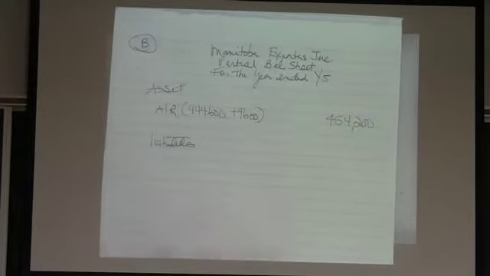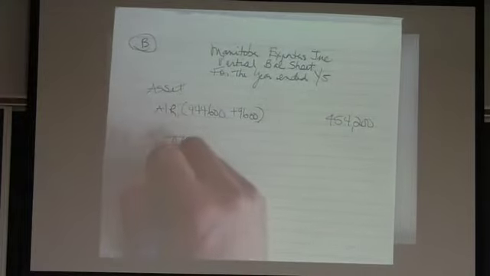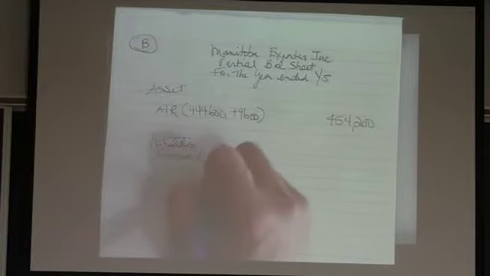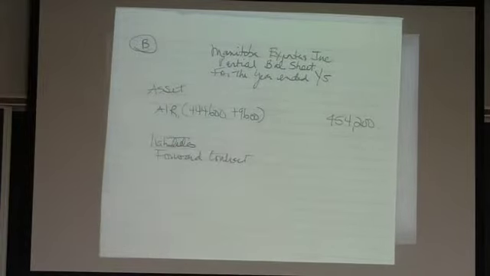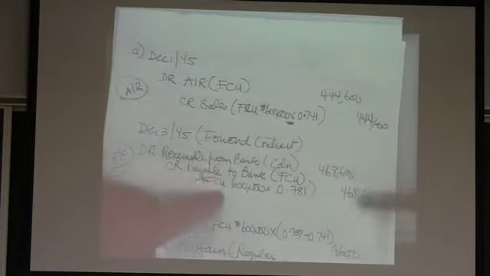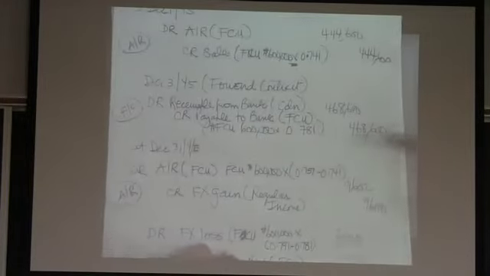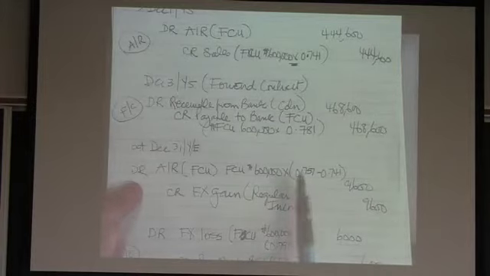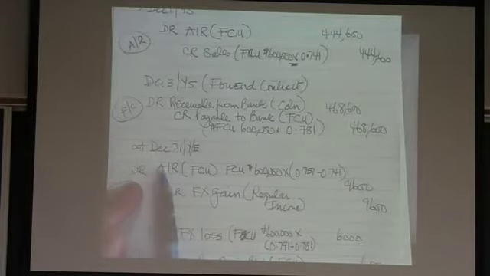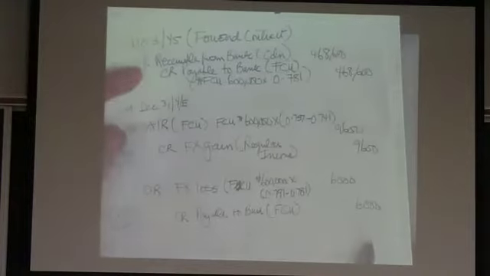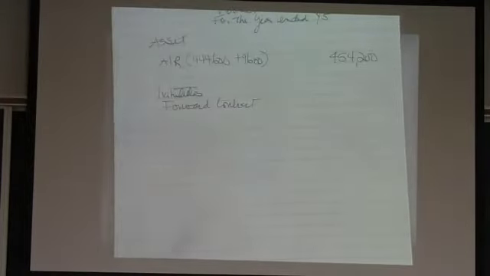Now, we do have a liability, a forward contract liability. Because remember, our forward contract is equal when we executed it, but at year end, our payable to bank is now higher by 6,000.